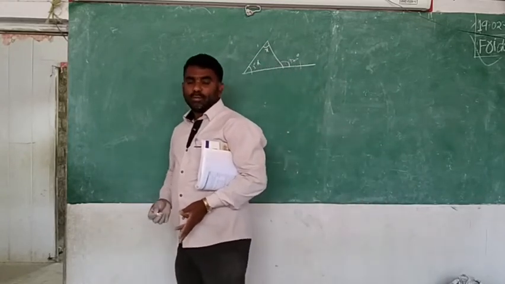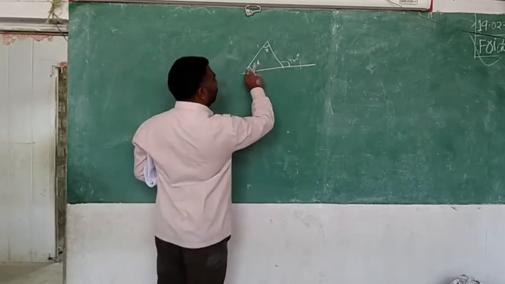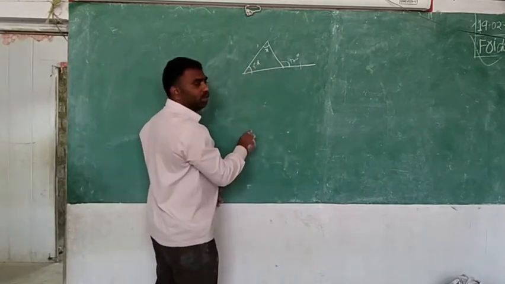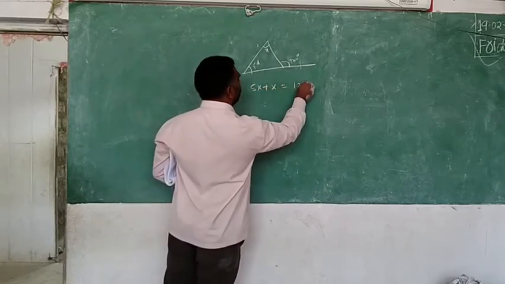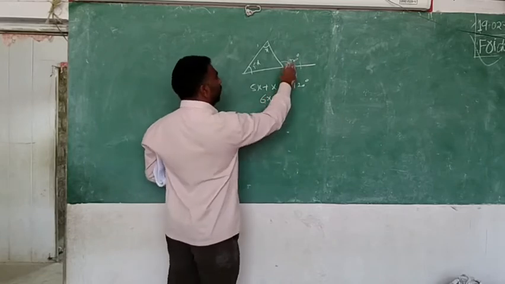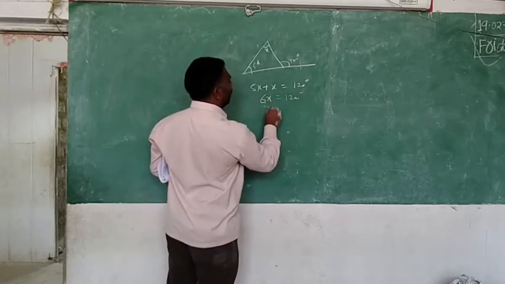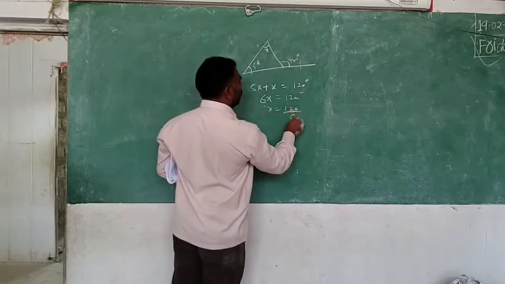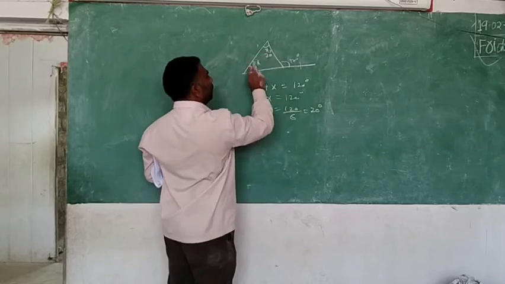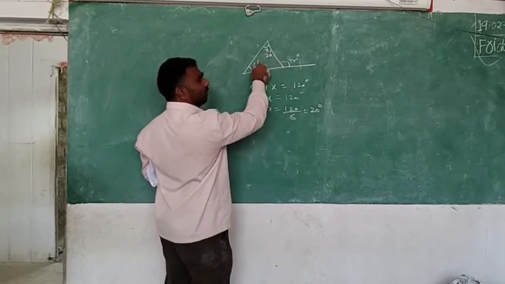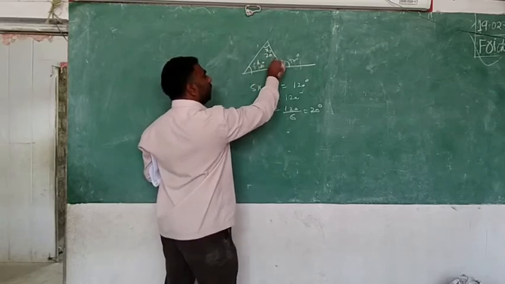The exterior angle is equal to the sum of its opposite interior angles. Means 5x plus x is equal to 120. 6x is equal to 120. x is equal to 120 by 6. You got one angle, 20. This also you can find now. 5x means 5 twenties are 100. Automatically this one will be 60.